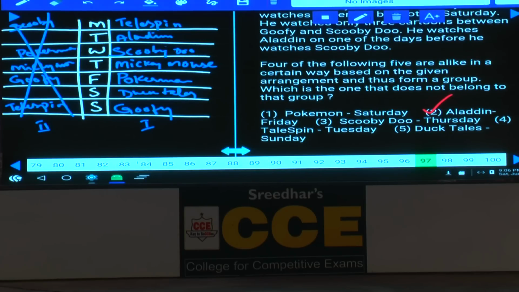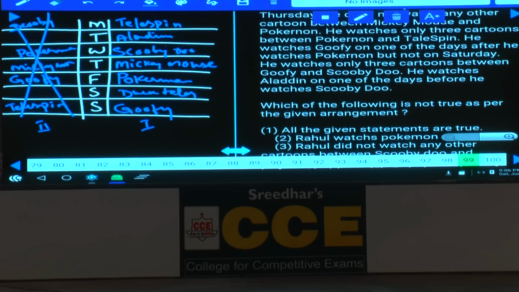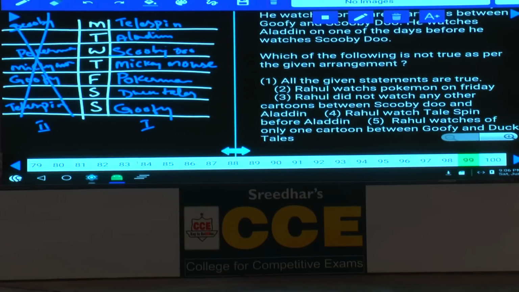Now question number 98. On which day Rahul watches Aladdin? He watches it on Tuesday, choice 3. Then question number 99. Which of the following is not true as per the given arrangement? Rahul watches Pokemon on Friday. That is definitely true. And next one, Rahul did not watch any other cartoons between Scooby-Doo and Aladdin.